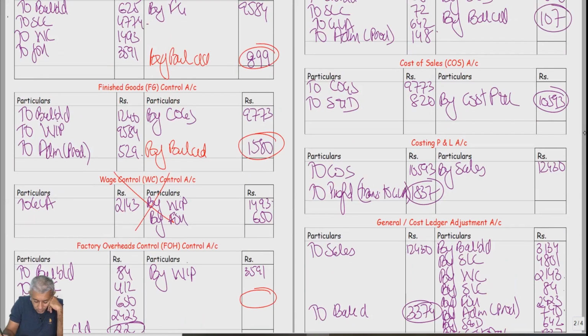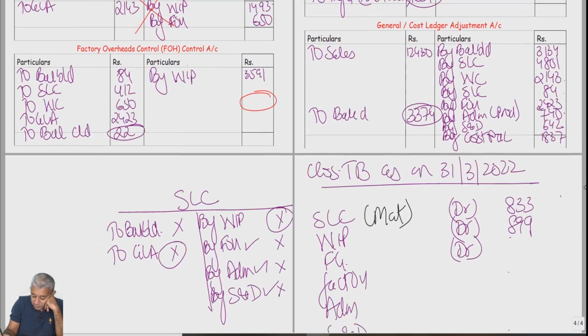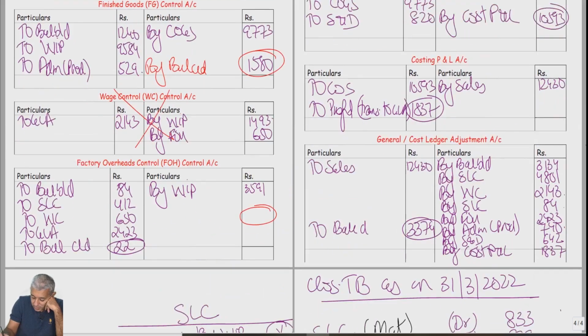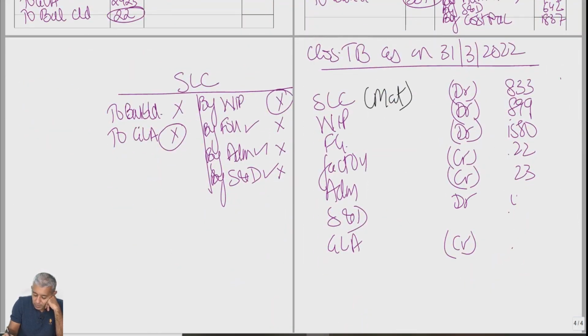Okay, so I'm writing the things over here. 899, 1580, factory overheads is credit balance 22, administration is credit balance 23, this is debit balance 107, and this is 3374.